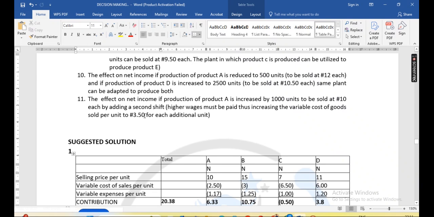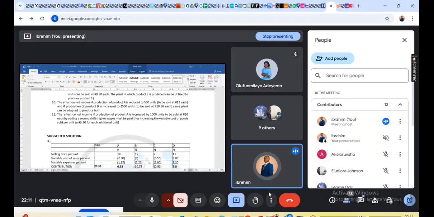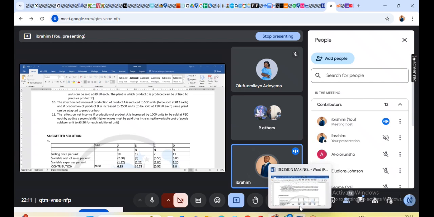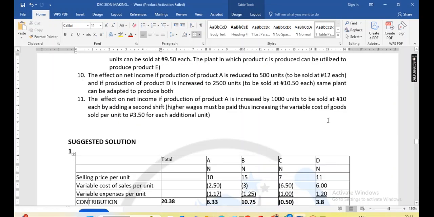Another name for variable cost of sales is variable cost of goods sold. For those in manufacturing companies with inventory, cost of sales is the same thing as cost of goods sold. The cost of sales has already increased to that amount, so you don't need to increase it again.